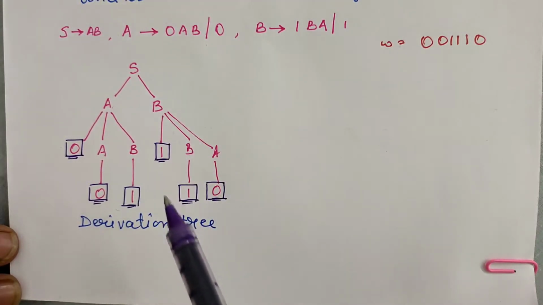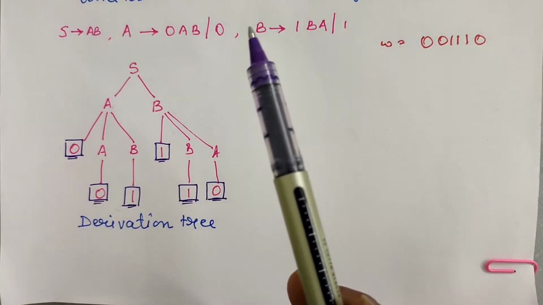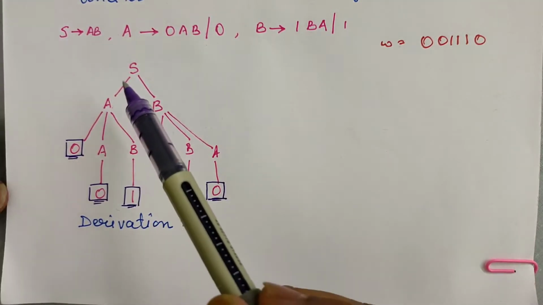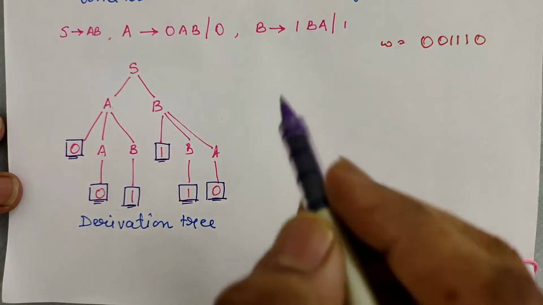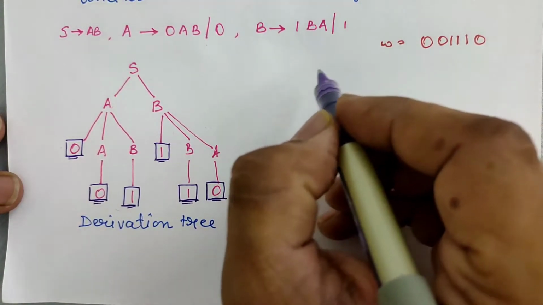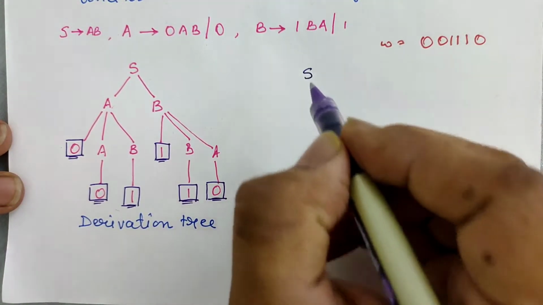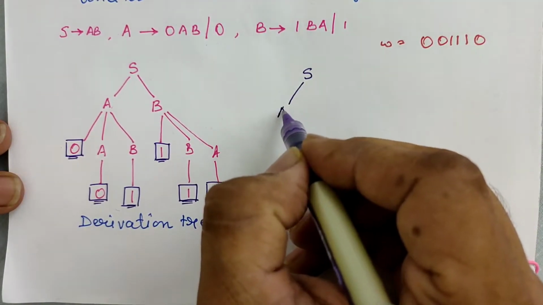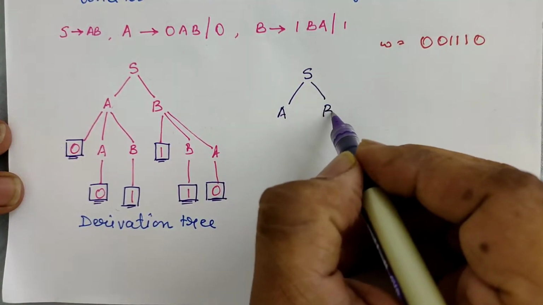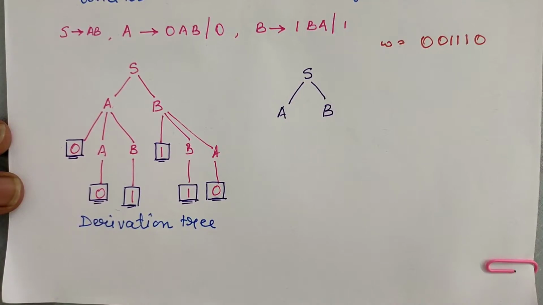Now, my dear friends, what are the leftmost derivation and the rightmost derivation? Let's say I start with the starting symbol S, and from S there is the production S tends to AB.